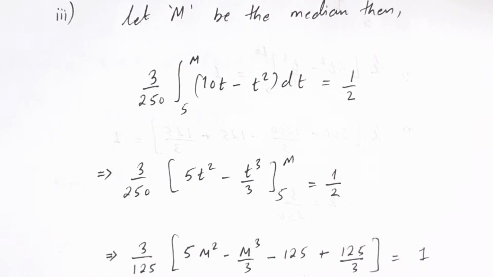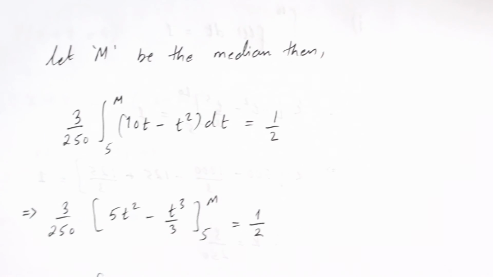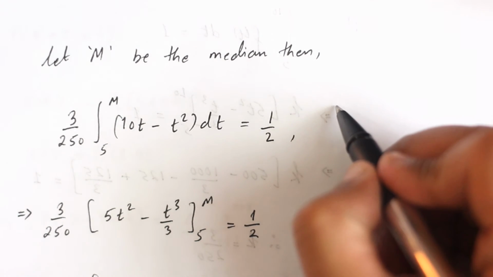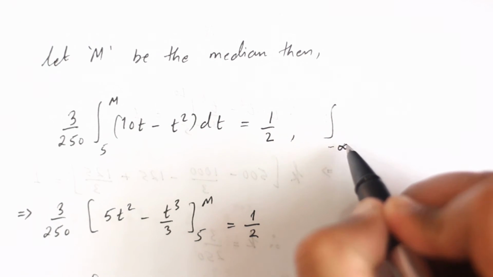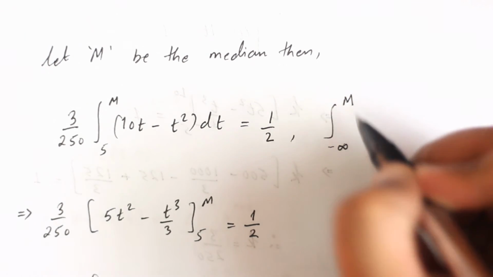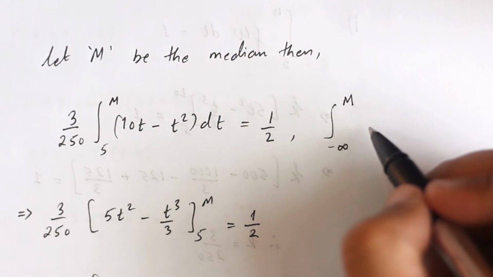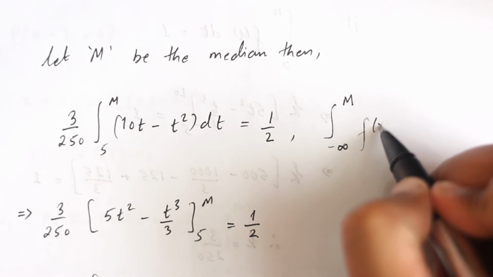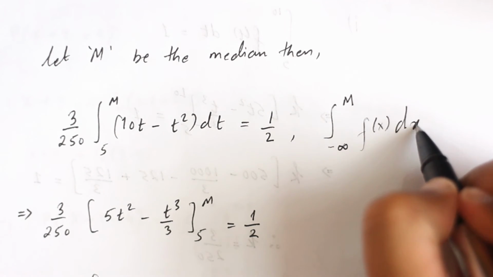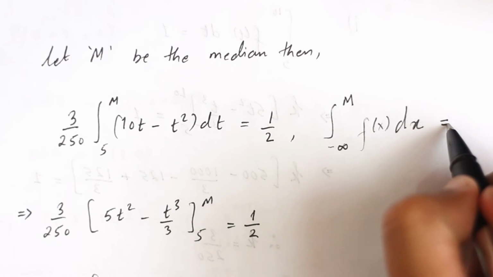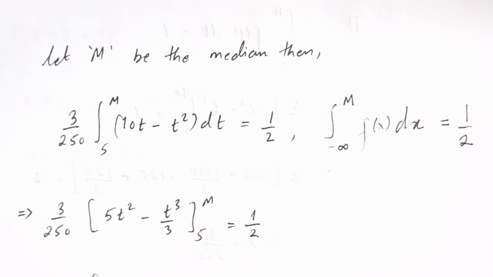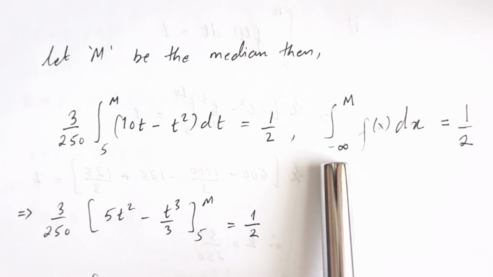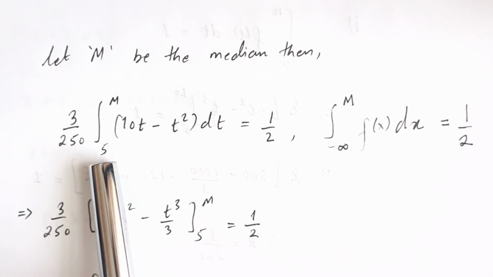If you want to write the definition properly, you write the integration from minus infinity to a certain value of the median, of the function f(x) dx, and this area has to equal 1/2. This is the definition here. Now you might be wondering, there's minus infinity here and this is 5.